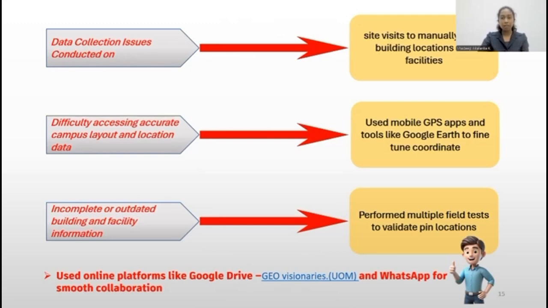collaboration. And also, we were very eager to get the feedback of the community because our final product is going for the society or the university population. So we basically used online platforms like Google Drive, and we asked for their feedback. In such a way, we created a feedback form like GeoVisionaries UOM, and we shared it with our friends, with our seniors, and some of our staff members too.